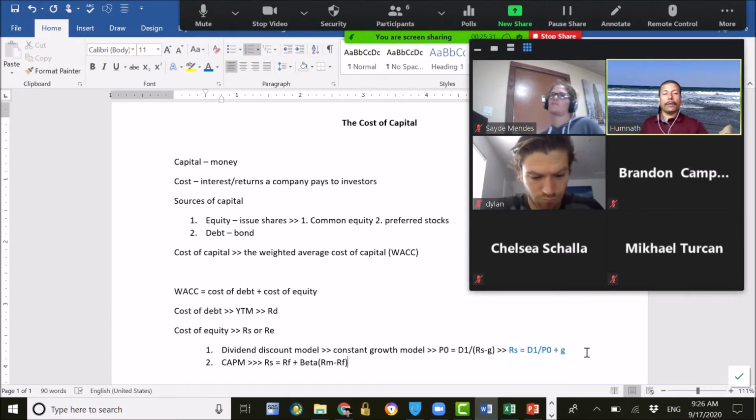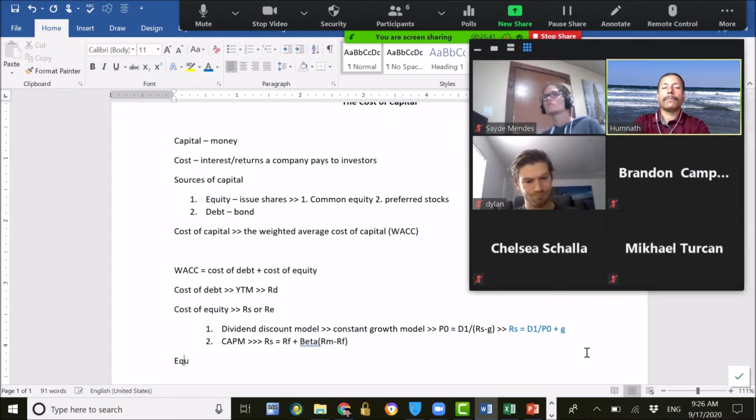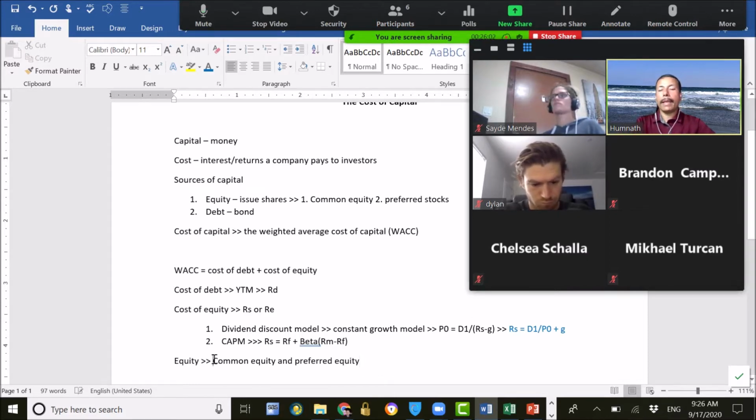Well, we can also have two different types of equity. So equity, we have A, common equity, and B, preferred equity.